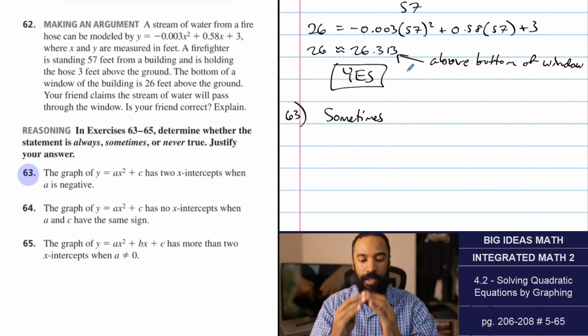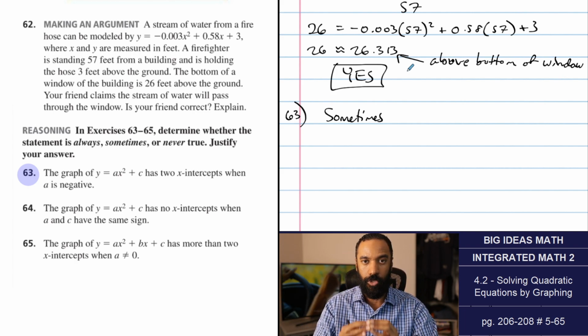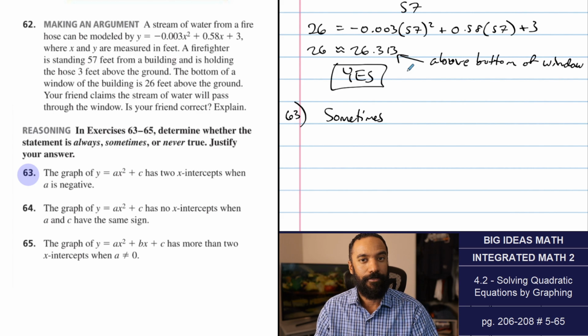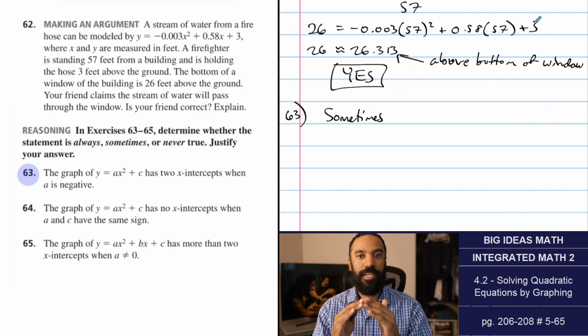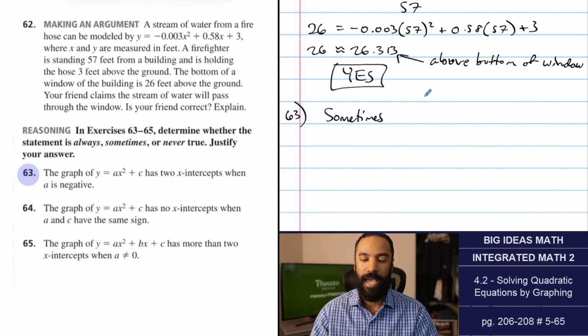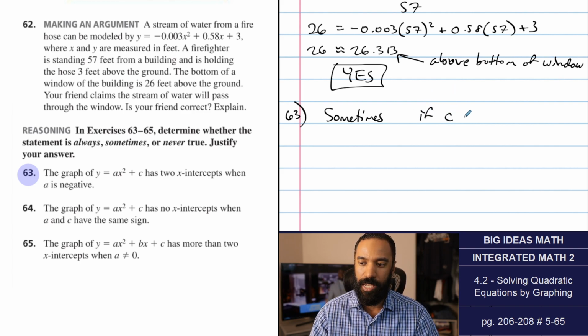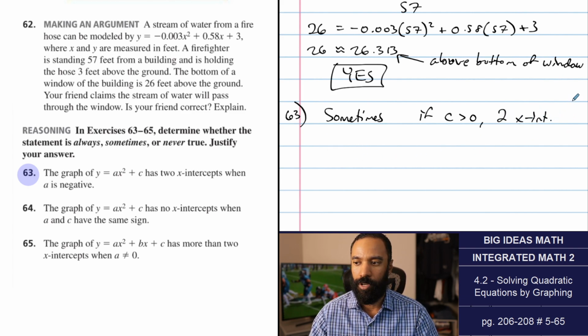If a is negative, it's an upside down graph and it's just a vertical translation. But if c is, now they don't say what c is, if c is positive, you're going to have two x-intercepts. If c is greater than 0, 2 x-intercepts, because the graph would have looked like this.